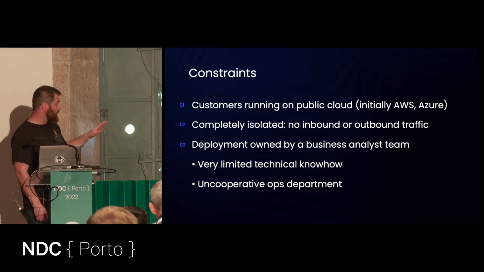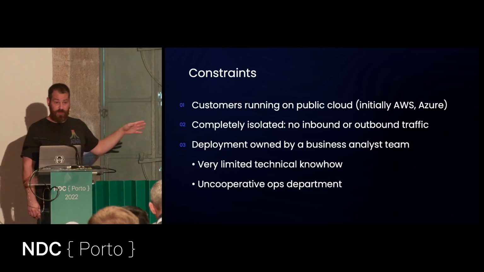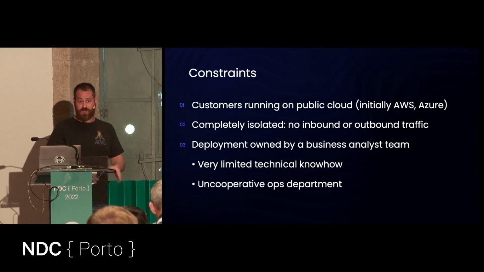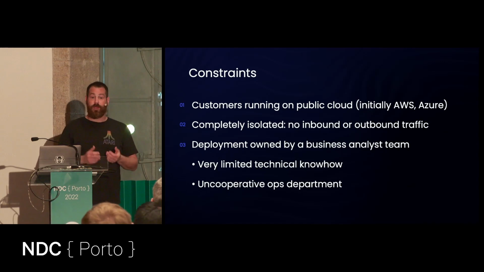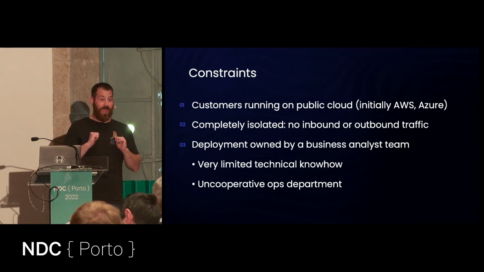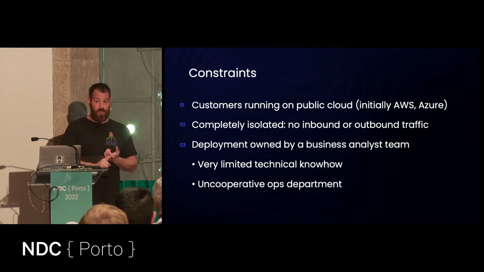The customers themselves were typically running on a public cloud. We had customers running on AWS, customers running on Azure, but said customers wanted CloudKeeper, or Product X, to run in complete isolation. So we as a vendor did not have any access to customer data.